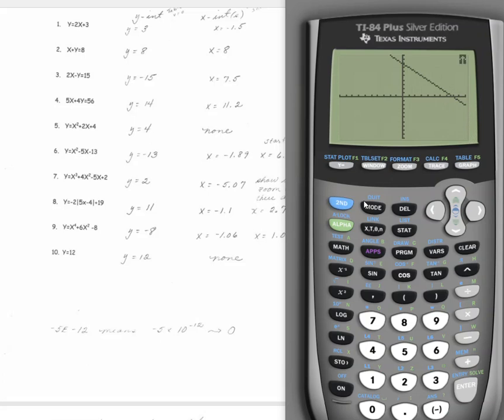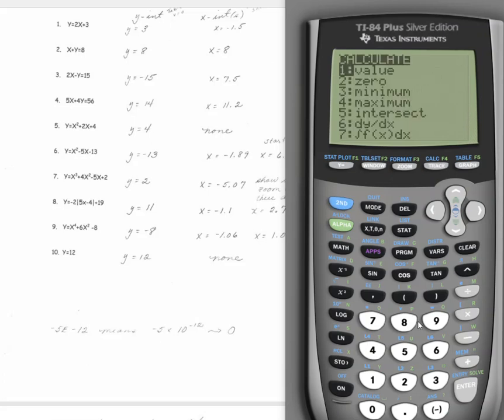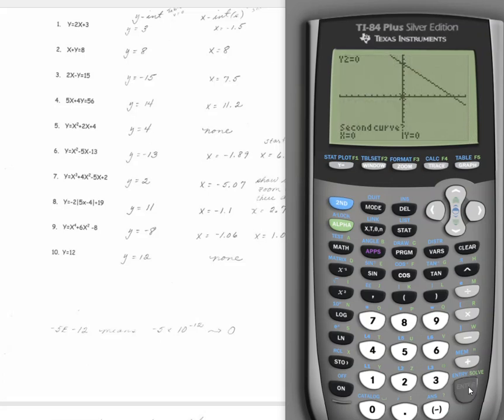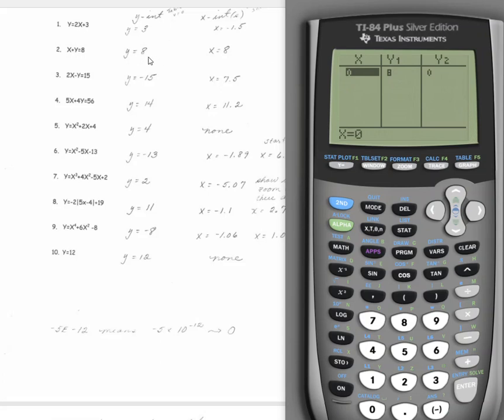So I'm going to do 2nd Calc 5, Enter, Enter, Enter. And I get x is 8. X is 8 is my x-intercept. Now I want to find the y-intercept. So I'll do 2nd Table. And I've got 0 in there from last time. And my y-intercept is 8 as well. All right? So we're getting pretty good at this.